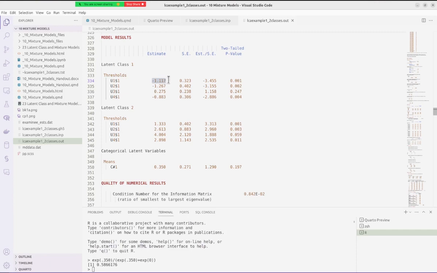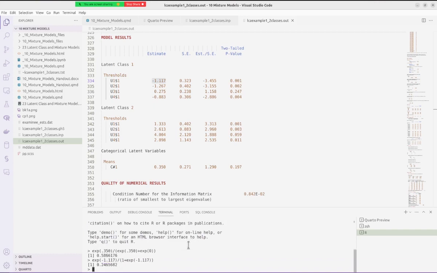So this is the log odds of an incorrect response. And if we wanted to convert this to a probability of an incorrect response, we could take exp of that number, -1.117, and divide it by 1 plus exp of that same number. And now what we get with that probability is that the probability of an incorrect response is 0.24.